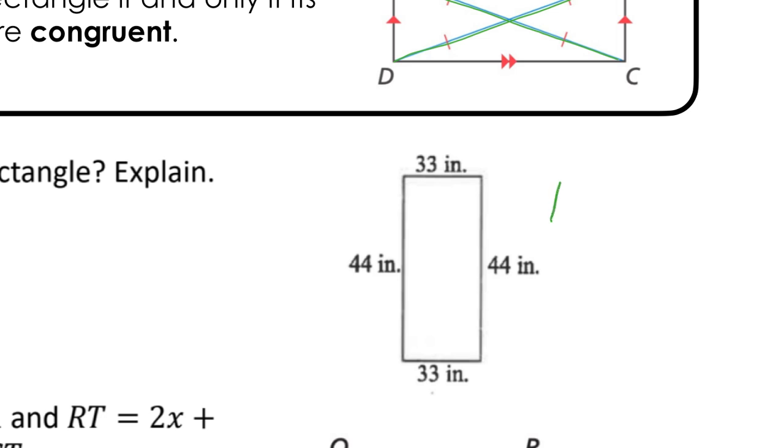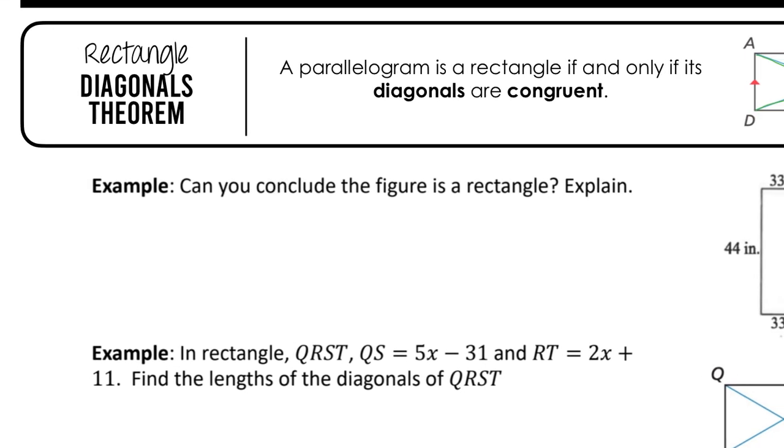This could actually be a parallelogram. It could be something slightly off that would still satisfy 44, 44, and 33, 33, right? And that's definitely not a rectangle. So even though it looks like one, we can't assume that these are 90-degree angles unless they give us that information. So we're going to say no for this.